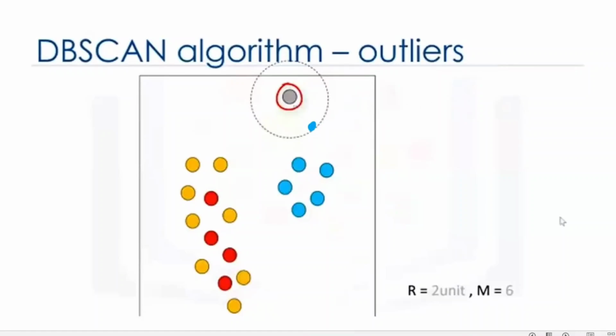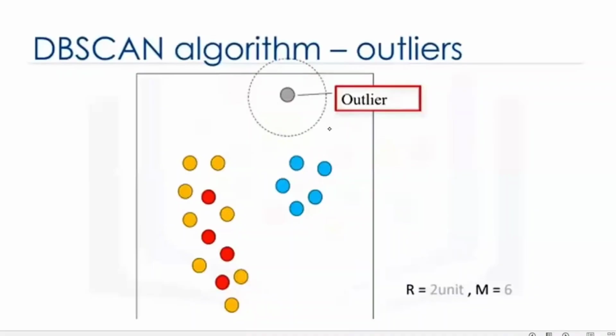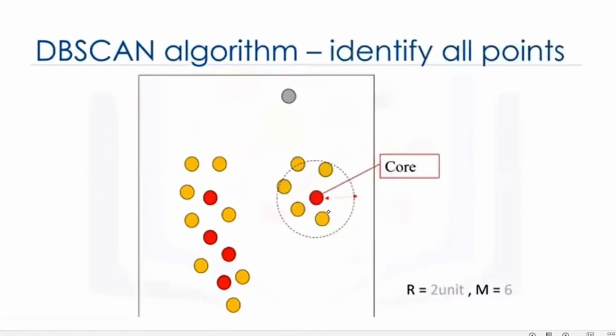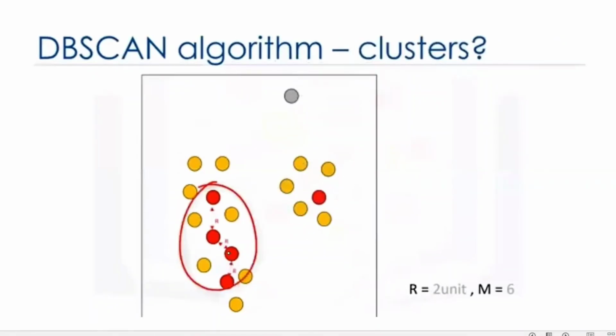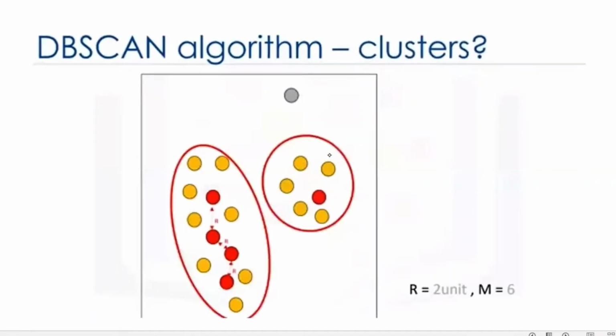But here it was left with a single point, only one and only one. So this is called an outlier point. Is that clear, guys? Now these are called outlier points, border points and core points. Now it is going to attach all the core points and finally make a cluster. And this is called noise.